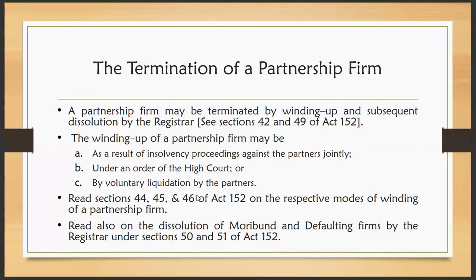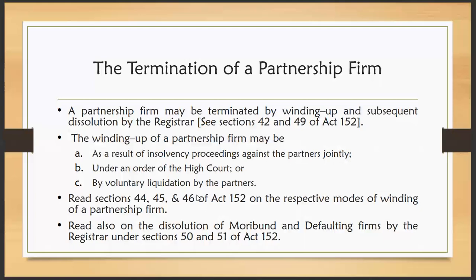So insolvency proceedings are brought against them, and that automatically will have the effect of terminating the partnership firm. Or an application may be made to the High Court and an order may be made that it should be terminated. Or there could be voluntary liquidation by the partners.